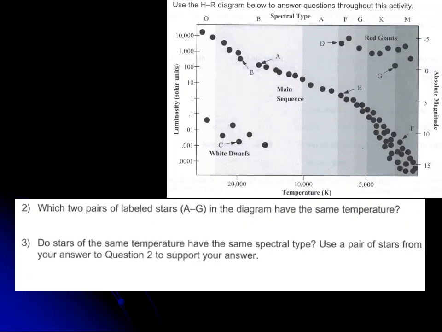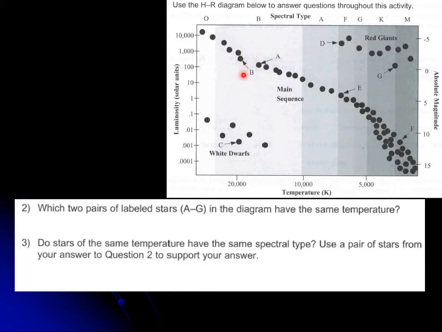The next question is, which two pairs of labeled stars have the same temperature? Well, we have to check A, temperature. The temperature of A is this one here, and there are no other stars that have the same temperature. So A does not pair with any other star.